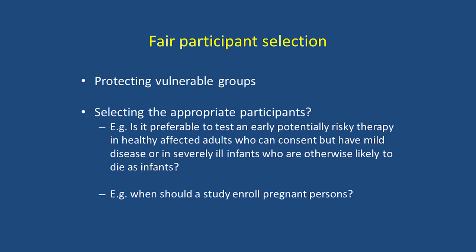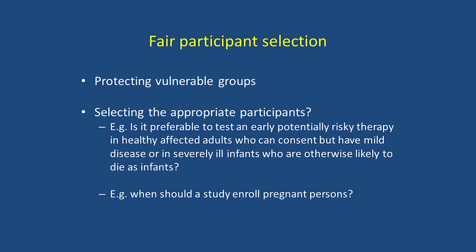There are a number of challenges in participant selection. I already mentioned the protecting of vulnerable groups. There have been debates about who exactly is vulnerable. You saw earlier the subparts to the common rule for prisoners, pregnant women, and children; those are considered vulnerable and therefore have separate subparts to the common rule.